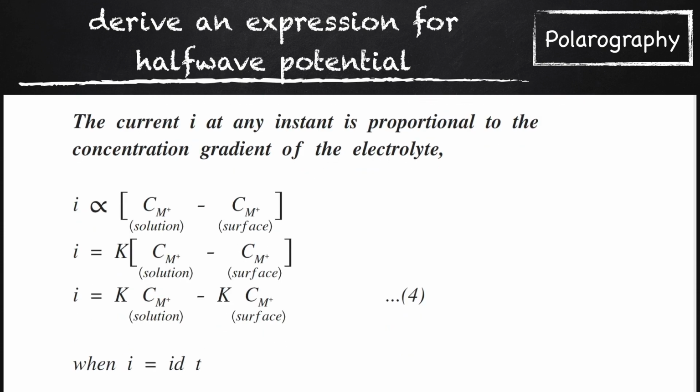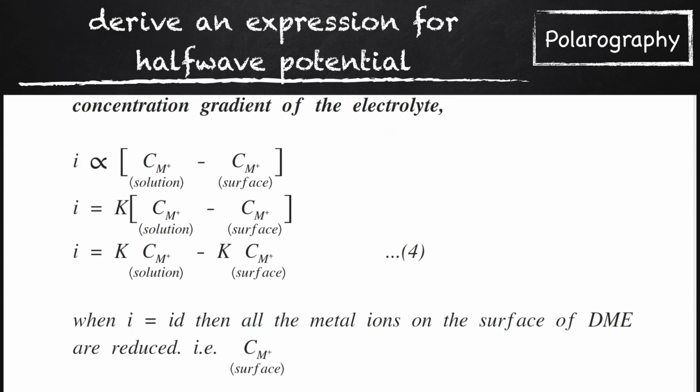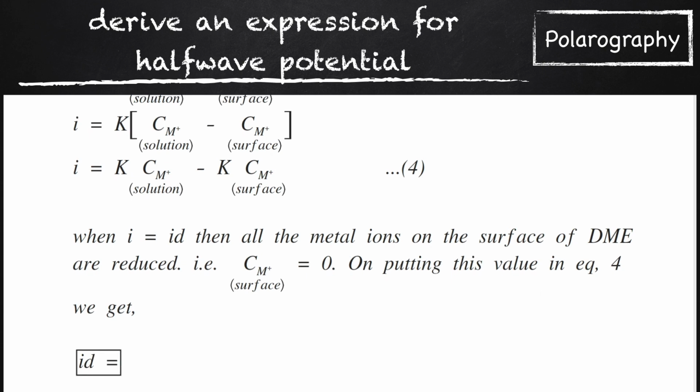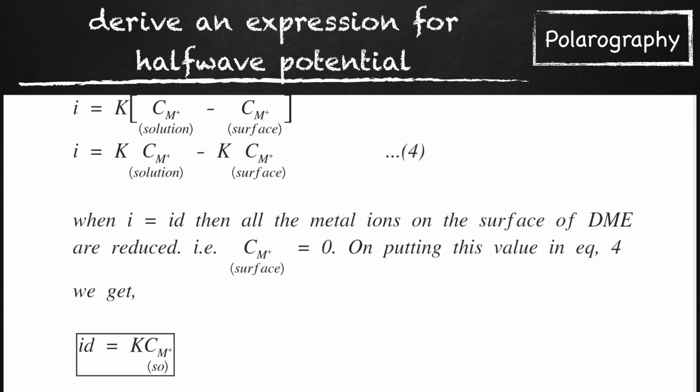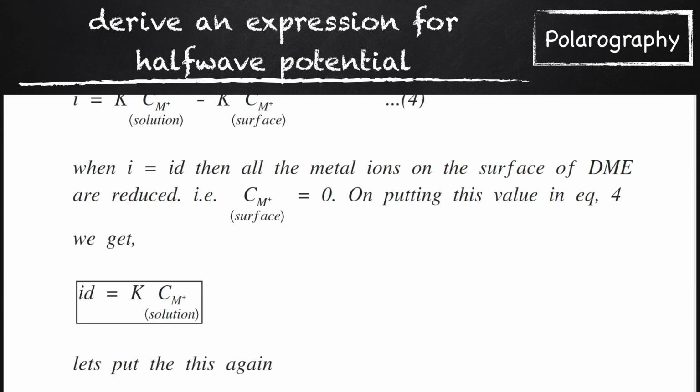When I is id, then all the metal ions on the surface of dropping mercury electrode are reduced. That is, concentration of metal ions on the surface will become 0. On putting this value in equation number 4, we get id is equal to K into concentration of metal ions in solution. Let's put this value again in equation number 4.